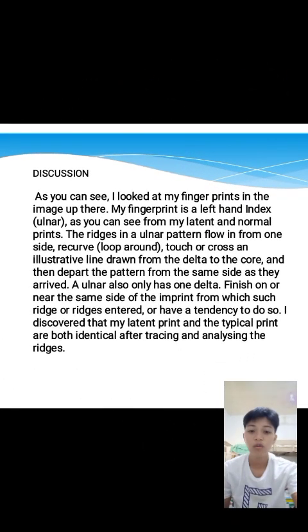My discussion also covers my dactyloscopy. As you can see, I looked at my fingerprints in the image up there. My fingerprint is a left hand index ulnar.